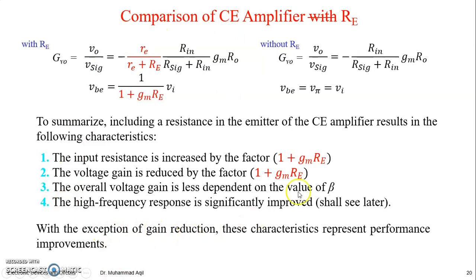With the exception of the gain reduction, all of these other characteristics represent performance improvements. So what can we do to improve the gain as well, besides having all these advantages?